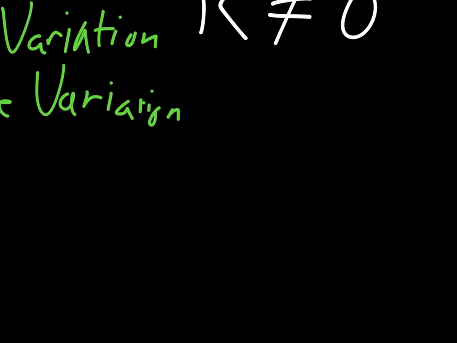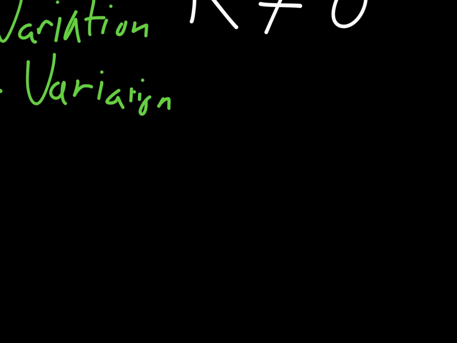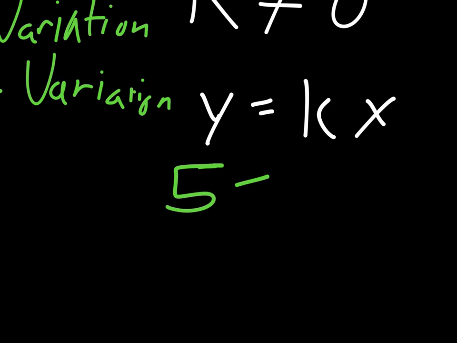All right, and then we have inverse variation, where if you have y equals k and x, right? They will give you a y, let's call it 5, and they won't give you k, but they'll give you a 6. So what you have to do, and see if I can explain this correctly.